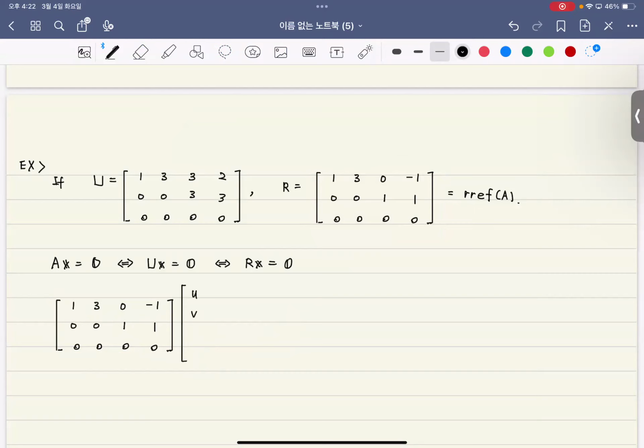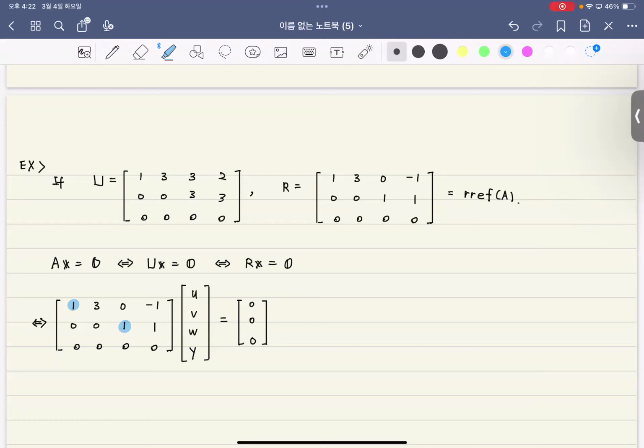U, V, W, Y. So I have this, and you know, these two numbers, they are called the pivots, right?